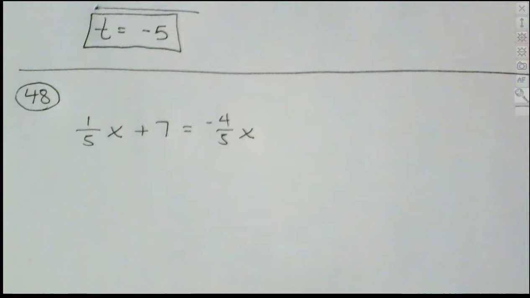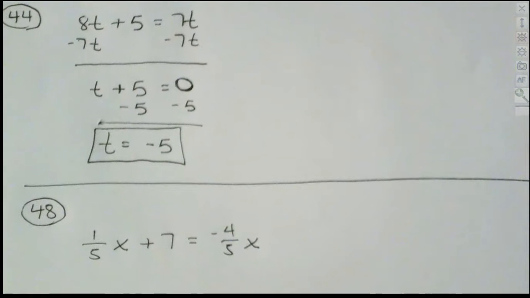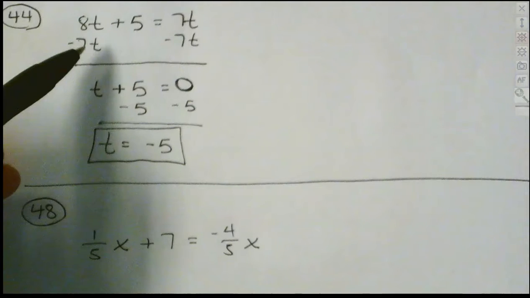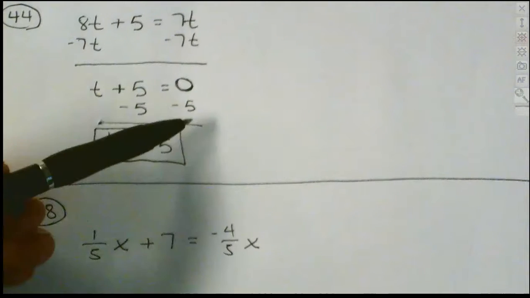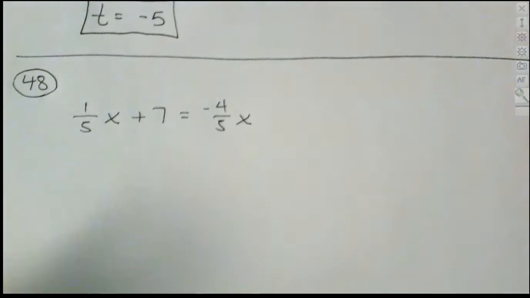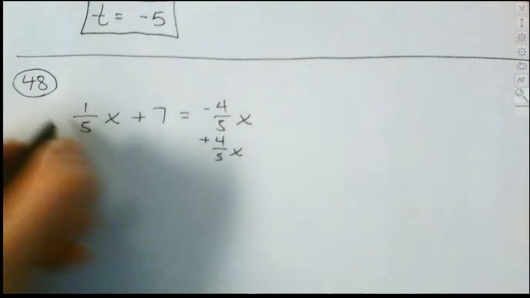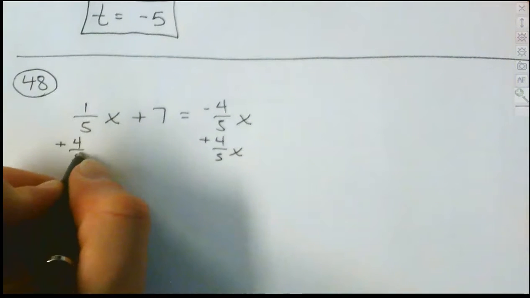Okay, so we're going to do the exact same way we did the previous one. So I'm going to move that variable over to the left and move the number over. Don't worry so much about the fractions because they're not going to be difficult to work with at all. So let's go ahead and add that 4/5 x to each side.